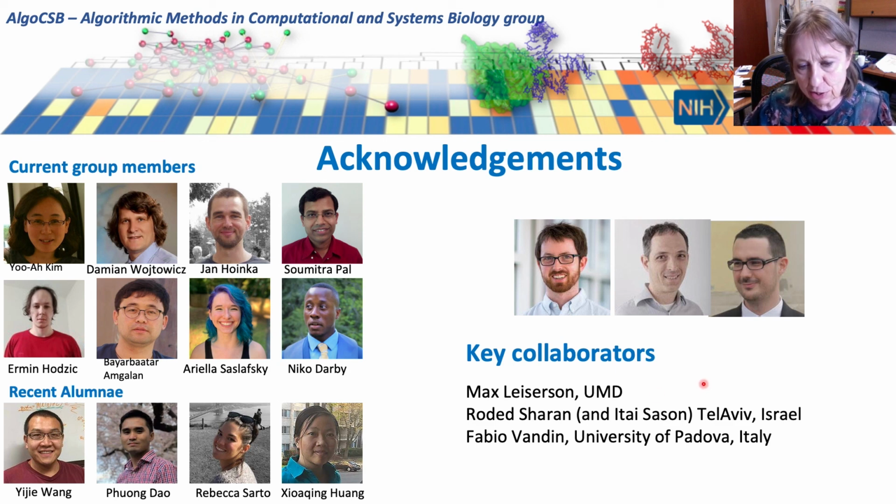I also would like to acknowledge our collaborators, Max Leiserson, Roded Sharan, and Fabio Vandin, and I would also especially like to mention the graduate student in Roded Sharan's group, Thais Seison.